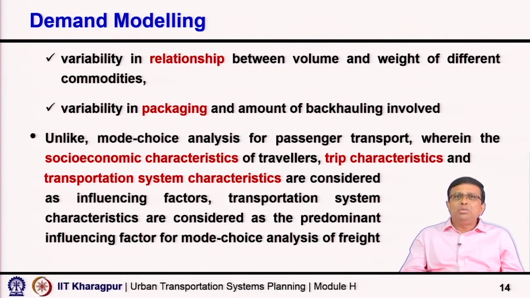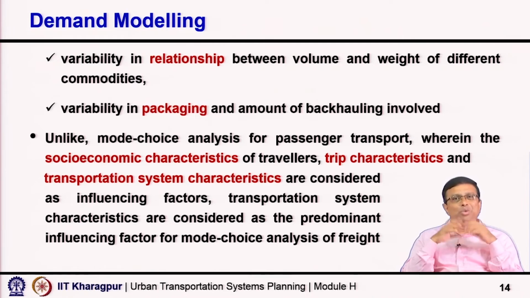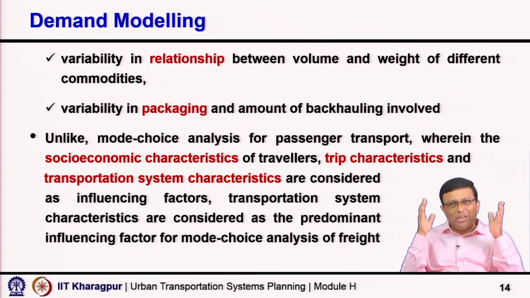Third, variability in relationship between volume and weight of different commodities. Weight and volume are again two different things. Some commodity could be where the volume is really the dominant thing. Weight wise it may not have, but you can only carry certain volume.